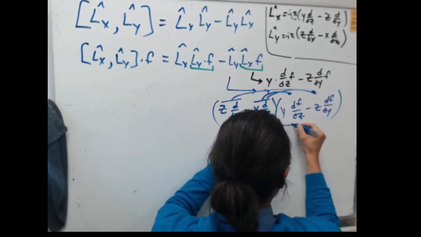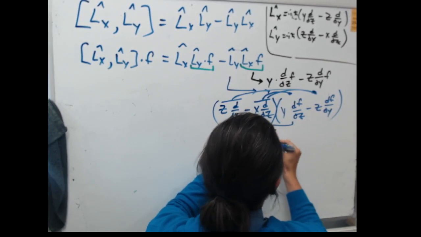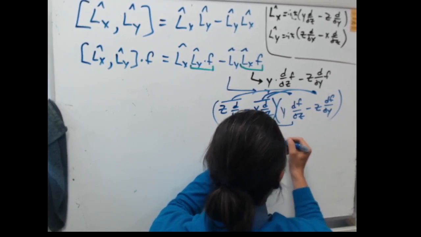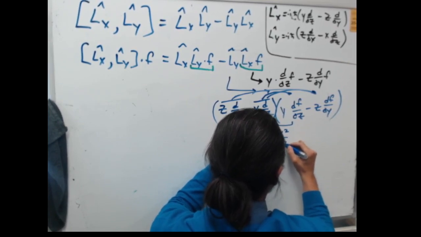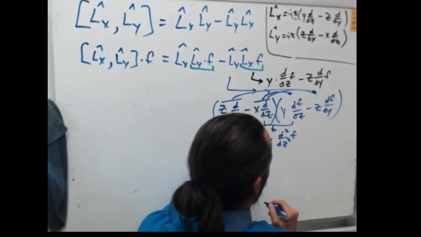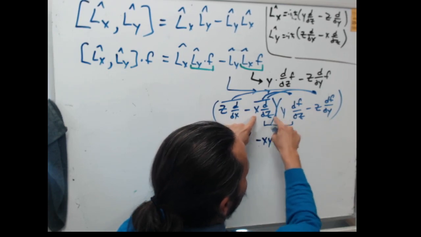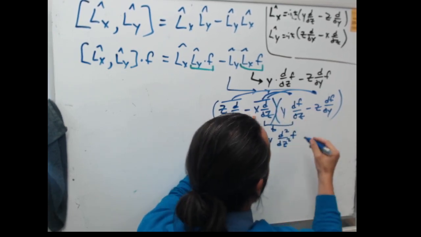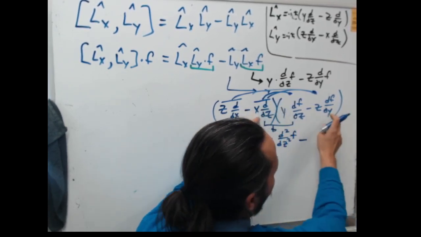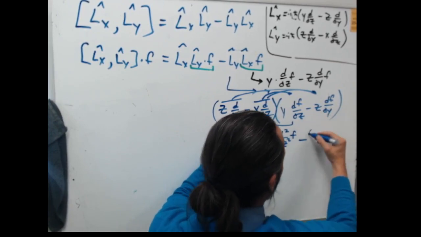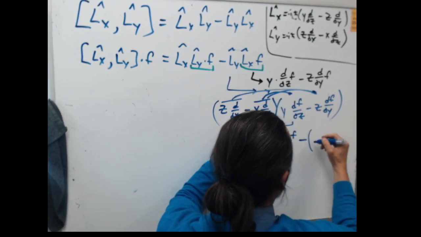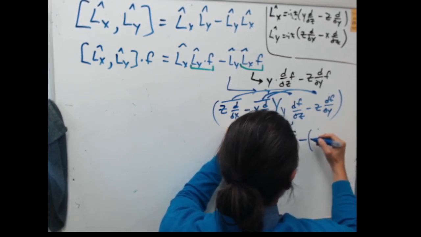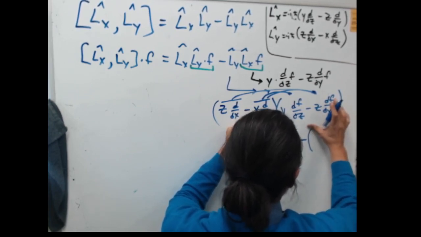This first term is not so bad. That's going to be negative xy d squared f/dz squared of my function. Right, because the z isn't going to affect that, but it's going to affect that. Minus, here I have to do the product rule. Derivative of the first times the second, plus the first times the derivative of the second.